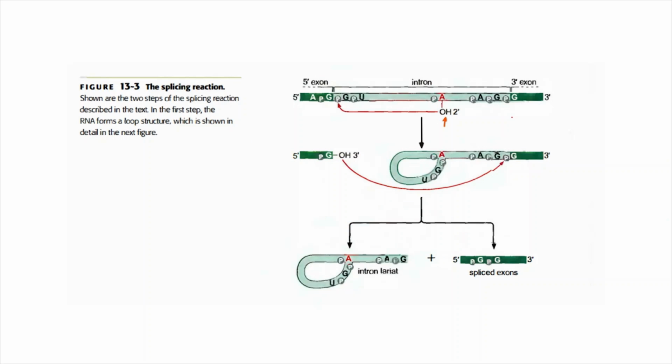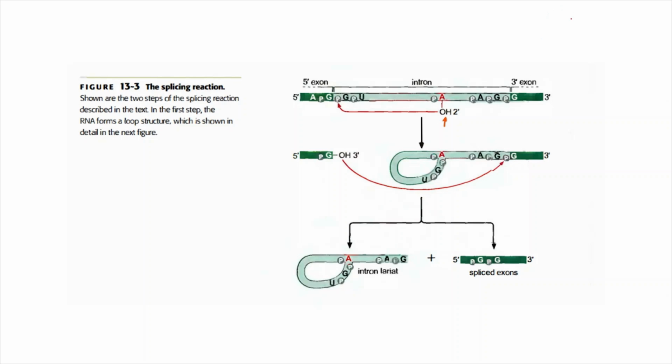Now let us see the basic mechanism of the splicing reaction. Of course the splicing reaction involves a number of proteins, but first we will see the basic principle of how the splicing reaction happens. This is basically a schematic diagram without the proteins, and in the next diagram we will see it with proteins.